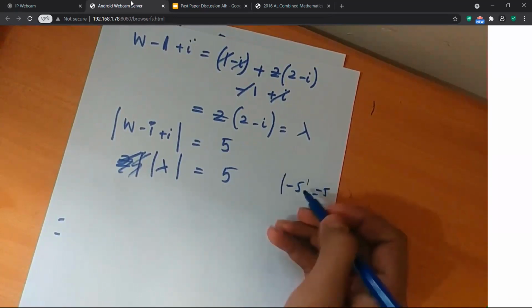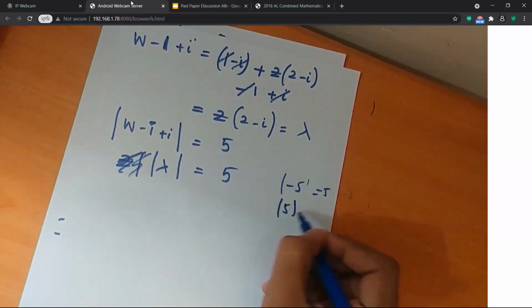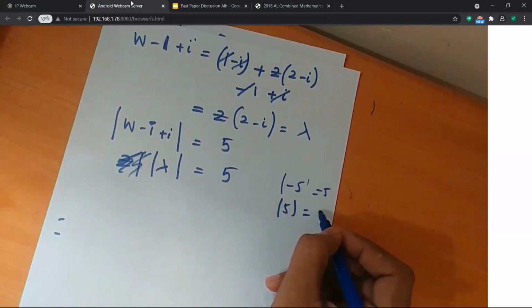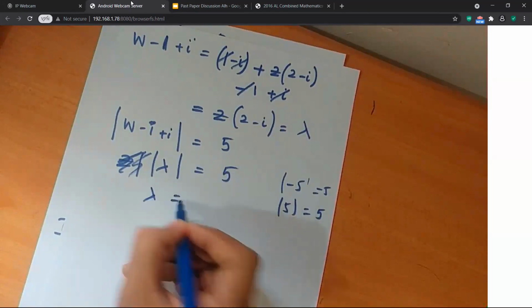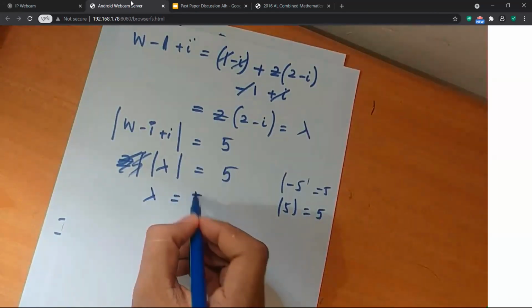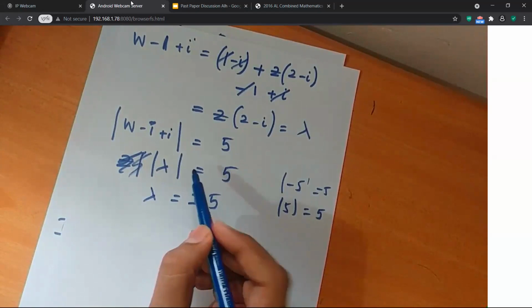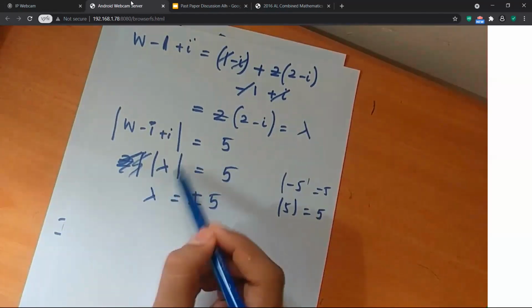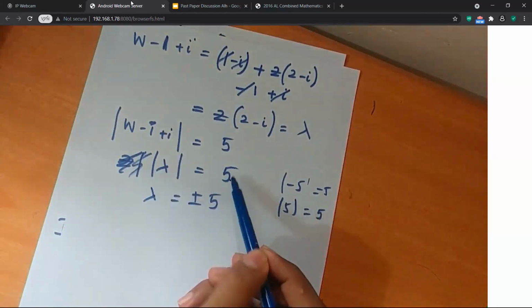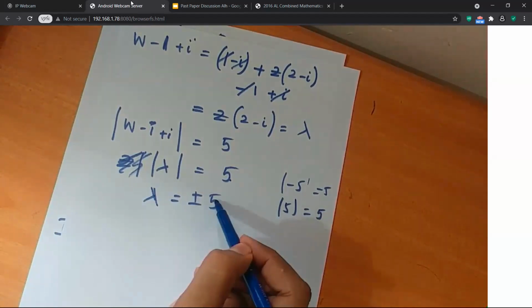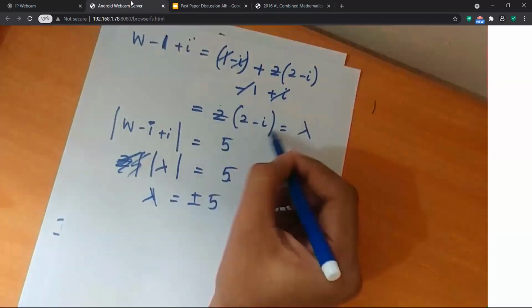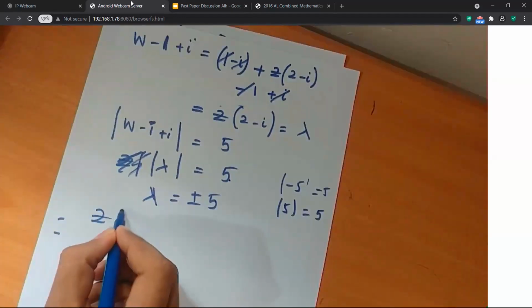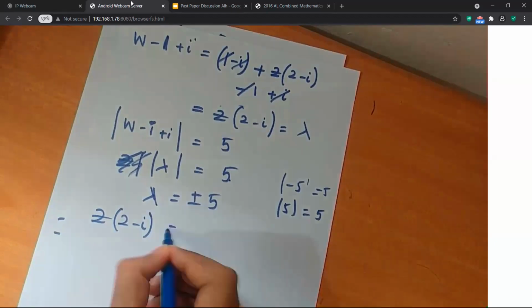If you have 5 and take the modulus value, it will still be 5. So how do you remove the modulus? Lambda can be written as plus or minus 5. Anytime the modulus value is given as 5, that means lambda is equal to either plus 5 or minus 5. Got it? What is lambda? We got it. So z times 2 minus I is equal to plus or minus 5.